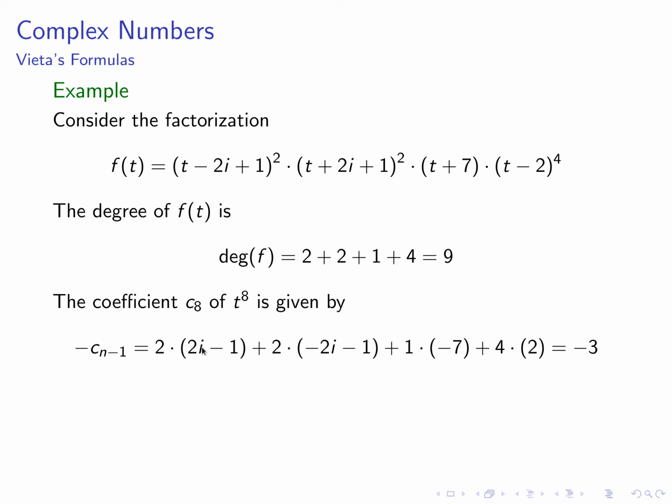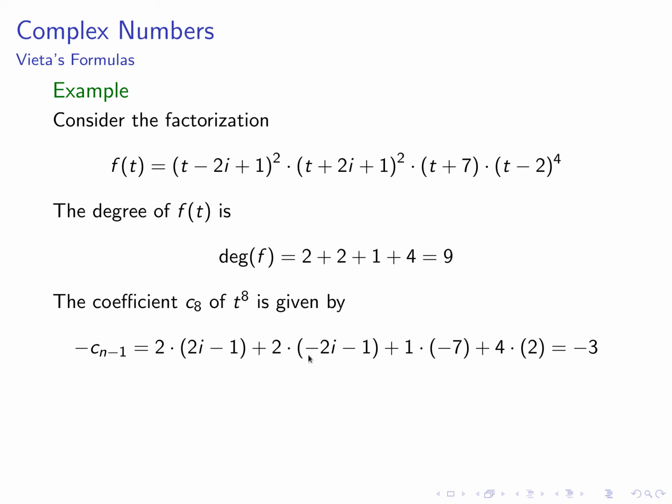The first root here is 2i minus 1, and we multiply 2i minus 1 by 2. The second root is negative 2i minus 1, and its multiplicity is 2. The third root is negative 7, and its multiplicity is 1. And the fourth root is 2, and its multiplicity is equal to 4.